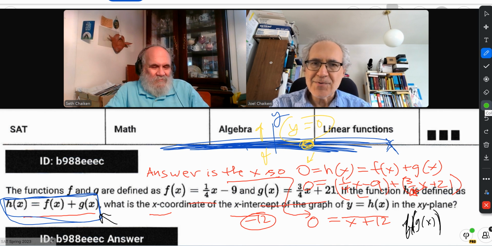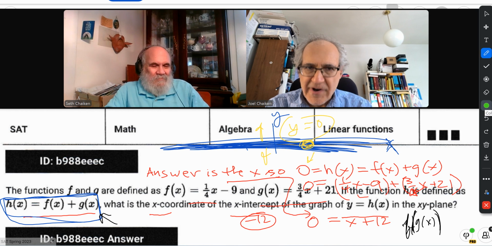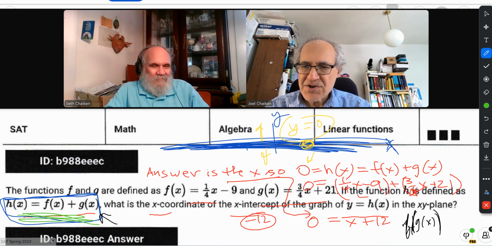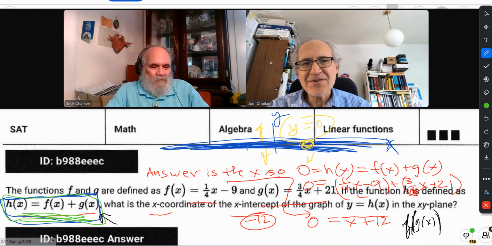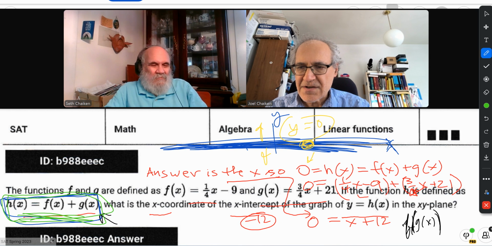I think the most important main idea that's really unique to this question is this notation. Because x-intercepts are not unique to this question. Adding fractions is not unique. Combining like terms is not unique. Solving for an equation is not unique. But this is unique to the question, knowing what that notation means.